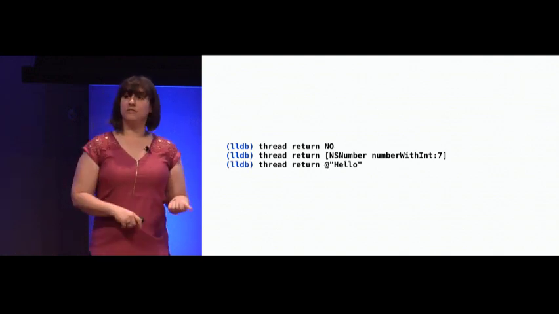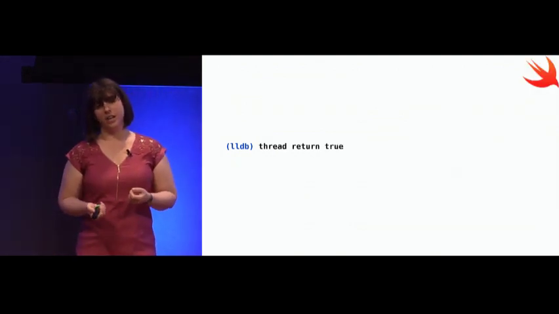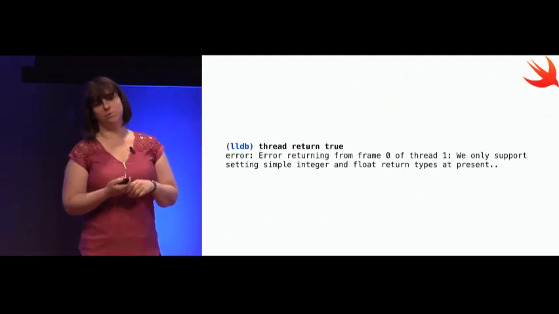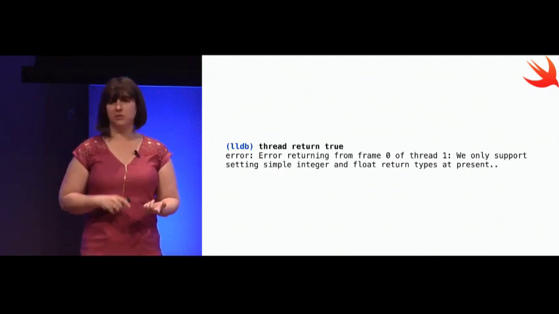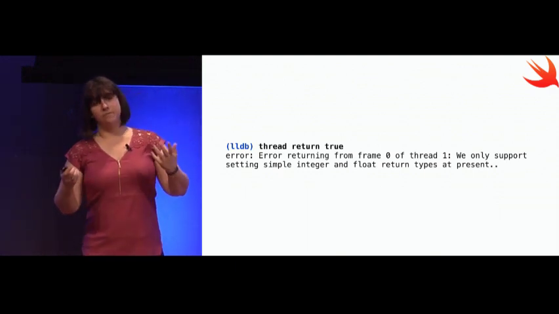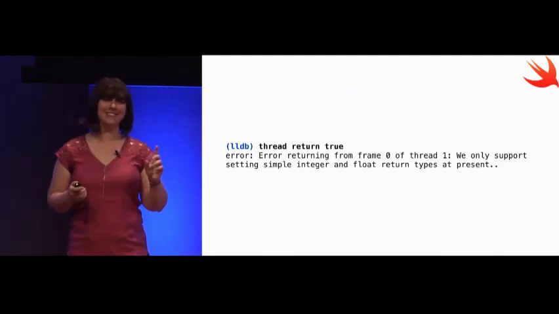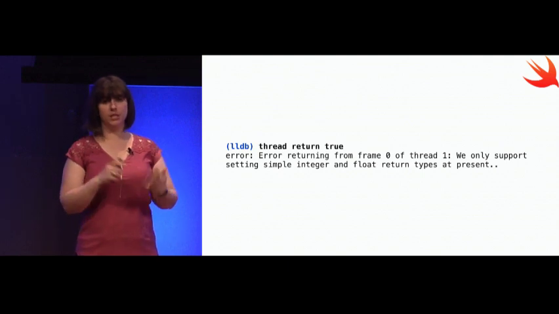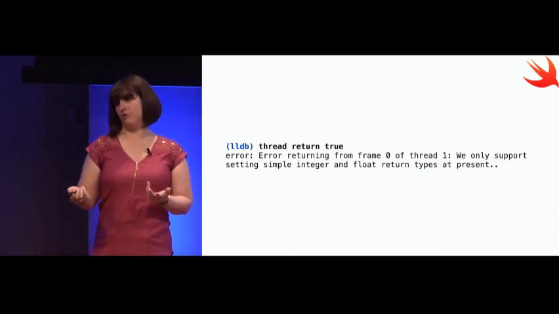All of this is Objective-C. Unfortunately, the support in Swift is not quite there yet. So if you try and do like thread return true, you only support setting simple integer and float return types at the present. And this was done with Xcode 9, so file radar. There's a couple of things I'll be saying in this talk. That's file radar. So yeah, thread return in Objective-C, super fun, super powerful. Swift, you basically have integers and floats you can play with.